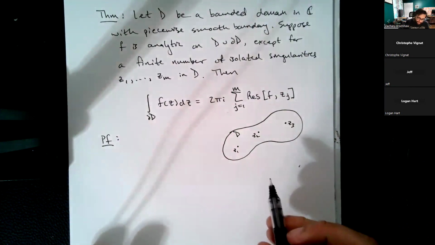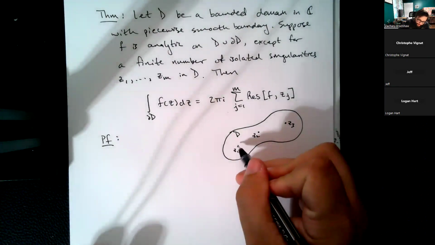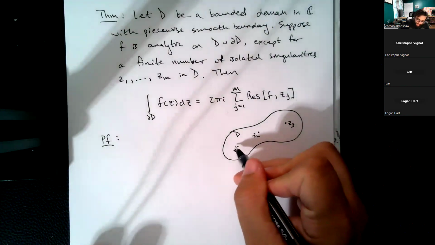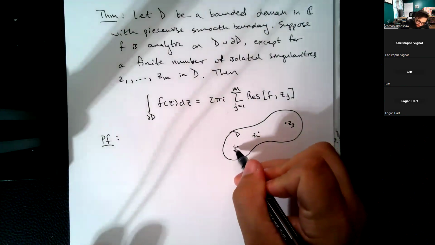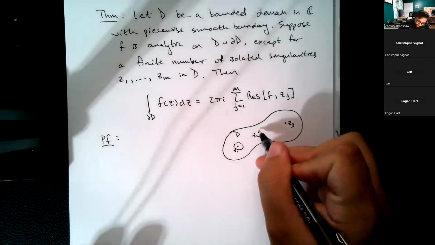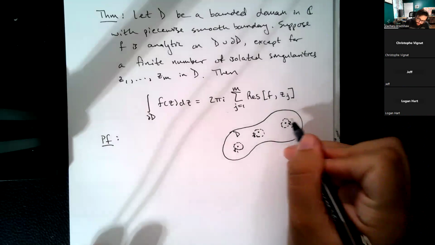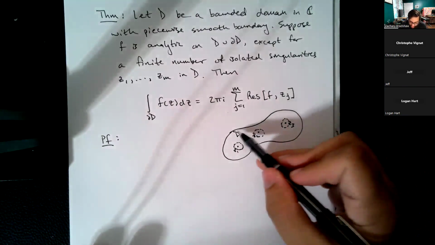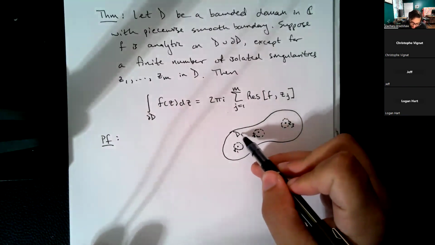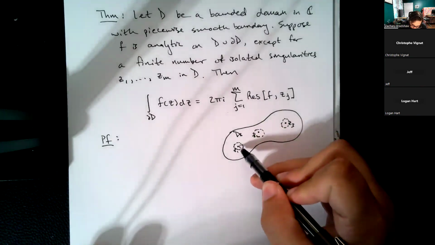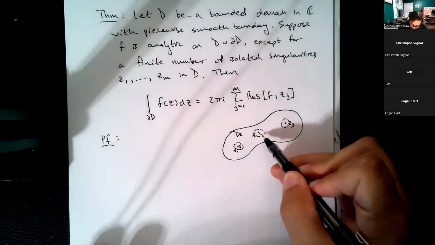What I'm going to do is puncture the domain to remove these singularities. And instead of considering D, I'll consider D epsilon. So I'm assuming all of these are radius epsilon here.